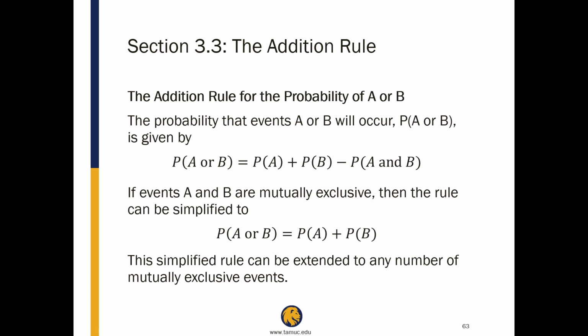However, if A and B are mutually exclusive, then we can simplify this calculation to just the probability of A plus the probability of B. We don't have to consider the additional probability of A and B component.